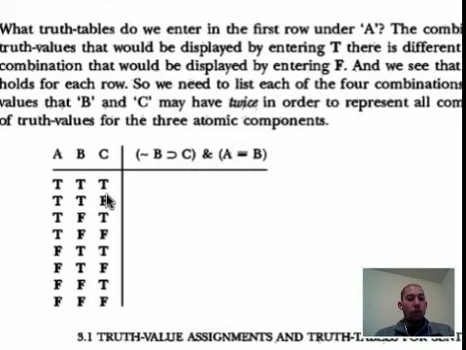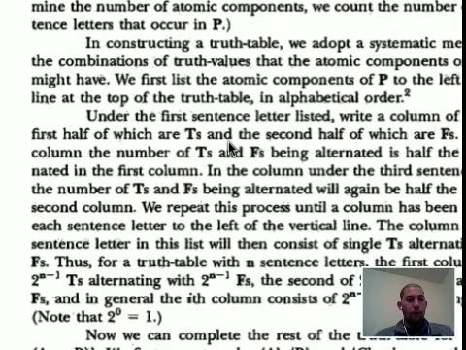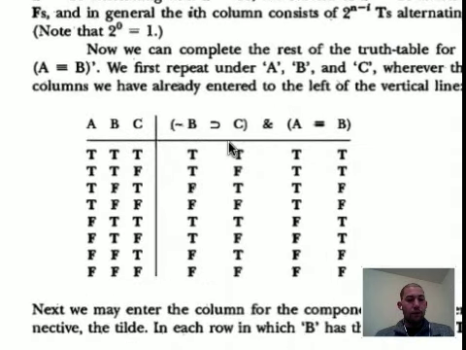And for the second row, we'll do the same thing for A and B, because under the second row both of them are true, but for C we're going to end up having false. So under this, for the second row in this column, we're going to have false for C. And we're going to continue on until we've covered all of the rows. And so we'll see that here.